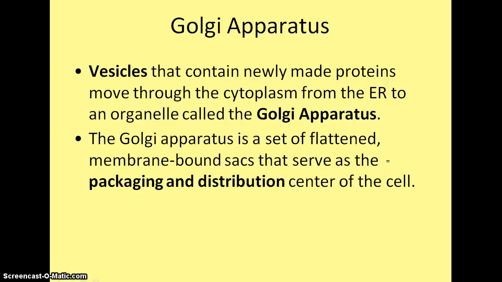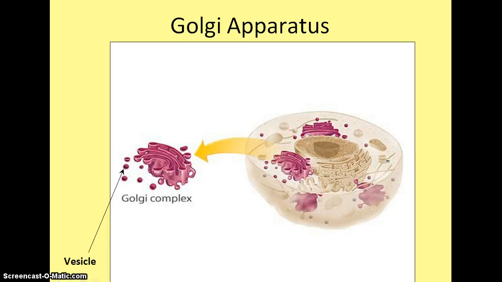They may end up in the membrane. The Golgi will actually change these proteins around to figure out where exactly they're supposed to go and help them get there. You can see a picture of a Golgi right here. You can see the nucleus right over here. Right here we have our endoplasmic reticulum, and then these kind of multi-layered discs right here.